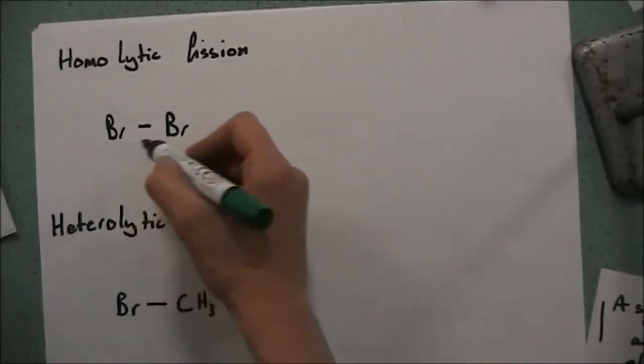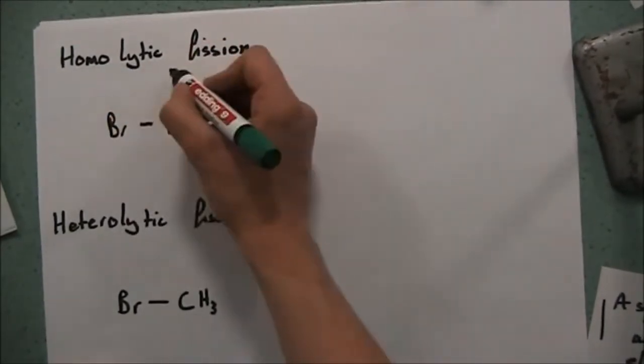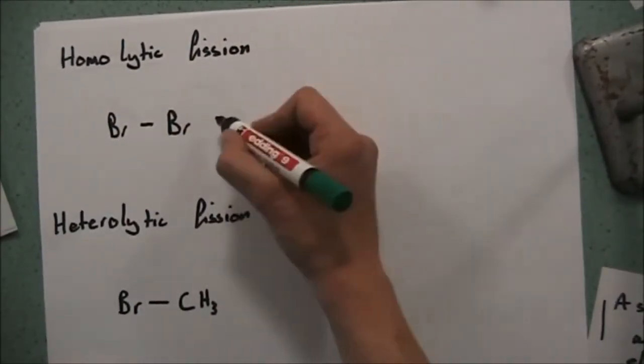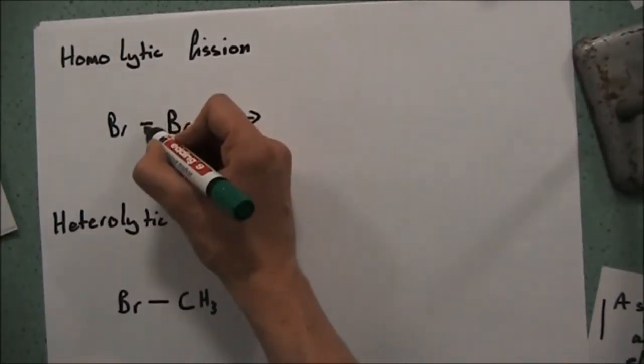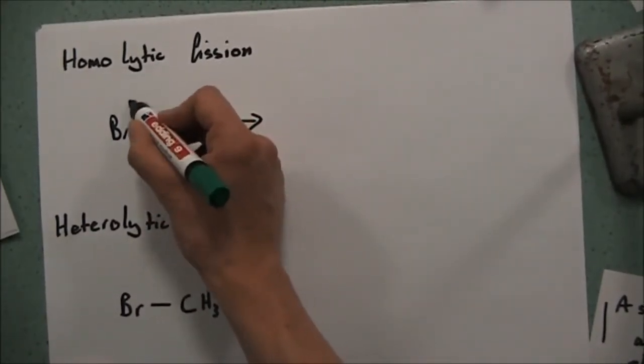A couple of key words for you then. This is an example of a homolytic fission. Homo literally means the same. So we have 2 bromines here. A homolytic fission, fission meaning to split, would be if we took our bromine and 1 electron from this covalent bond went to this atom.